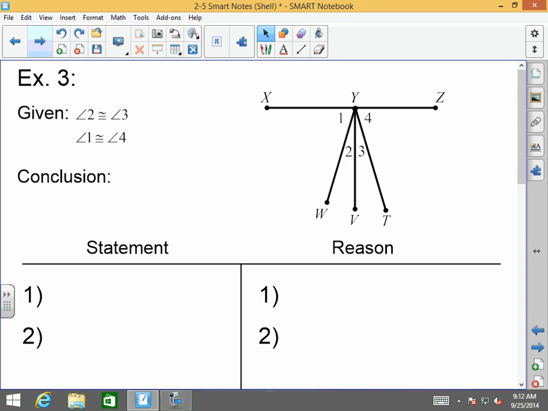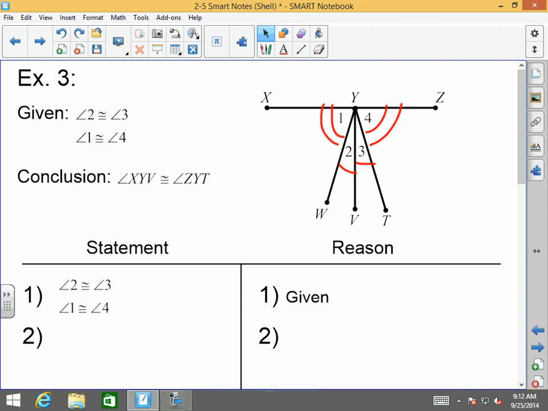Okay. Number 3. Angle 2 is congruent to angle 3. Angle 1 is congruent to angle 4. What can I conclude? Phenomenal. XYV is congruent to ZYT. Why? Well, if I give my givens, angle 2 is congruent to angle 3, which I marked. Angle 1 is congruent to angle 4, which I marked.